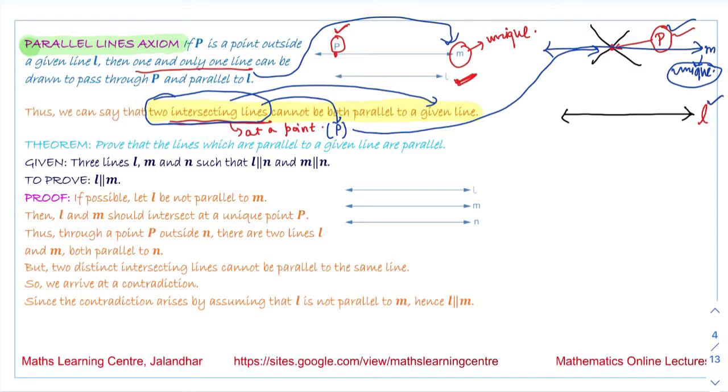Now we will use this in our next theorem. We have to prove that lines which are parallel to a given line are parallel.